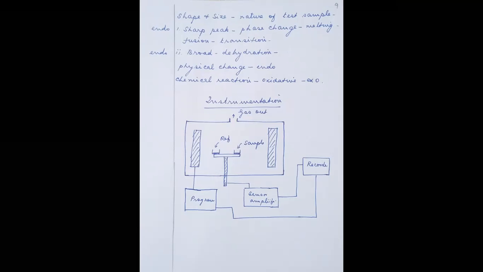You should not suddenly raise the temperature to a very high level. So this programmer is kept here to control the heating rate, and then the amplified sensor signals and the programmer signals are fed into the recorder. The recorder will actually draw the graph.